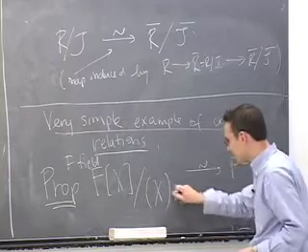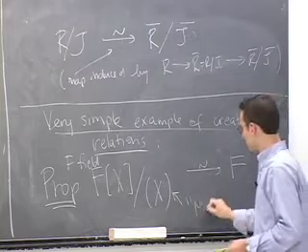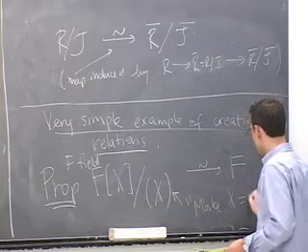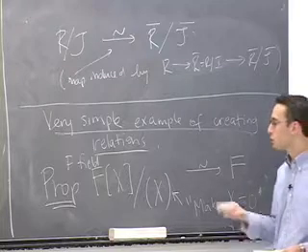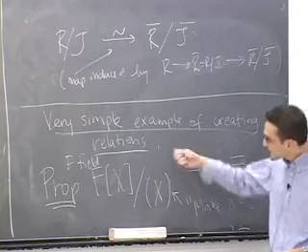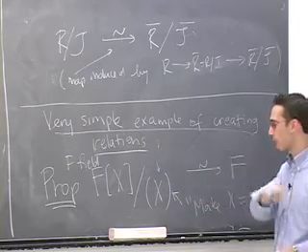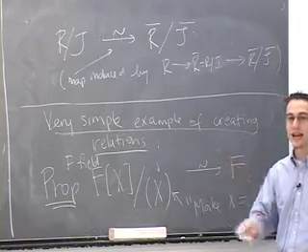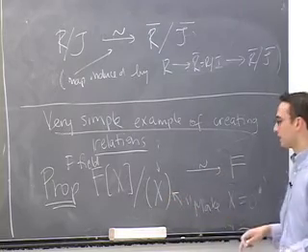So the heuristic reason for this is that we've added the relation making x equal to 0. Remember, that's what quotienting does. When you quotient by something, you're saying take all the things in the ideal or the normal subgroup or whatever that you're quotienting by and make them all 0. So x is made equal to 0.